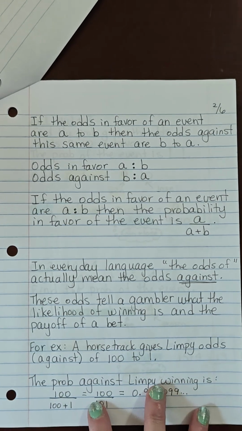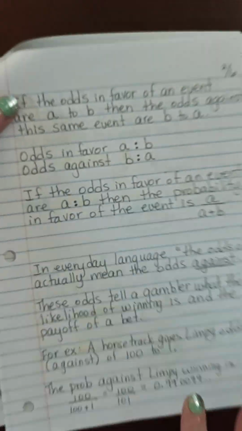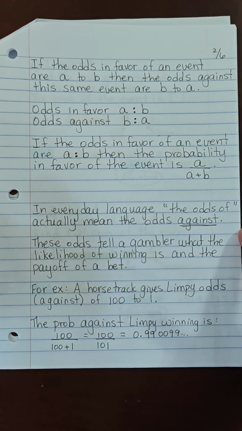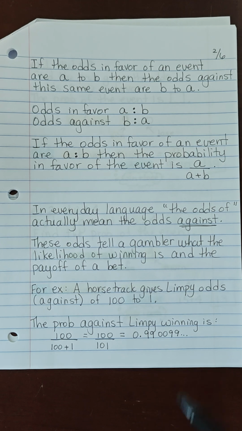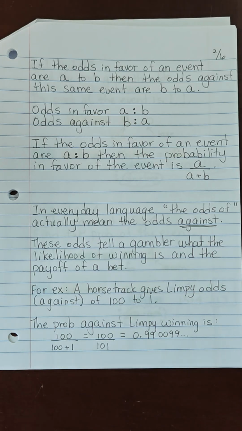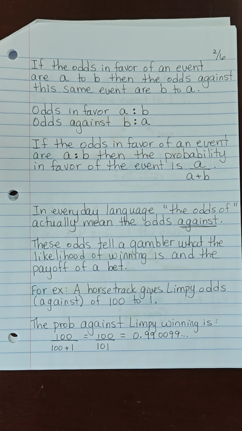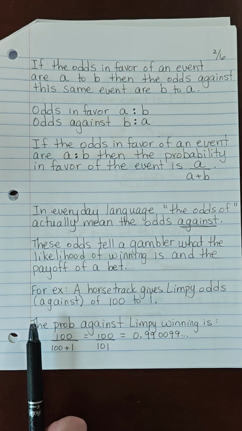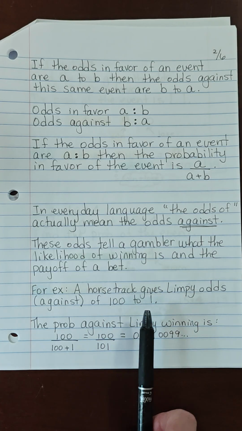What does this mean in everyday language? In everyday language, the odds of actually means the odds against something happening. These odds will tell a gambler the likelihood of winning and the payoff of a bet. Let's say that a horse track gives Limpy the horse the odds of 100 to 1.